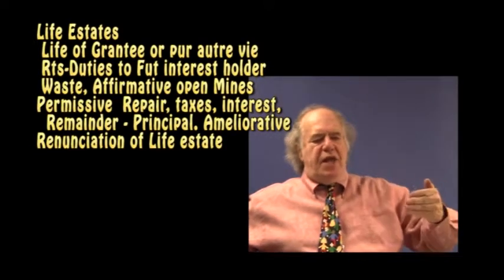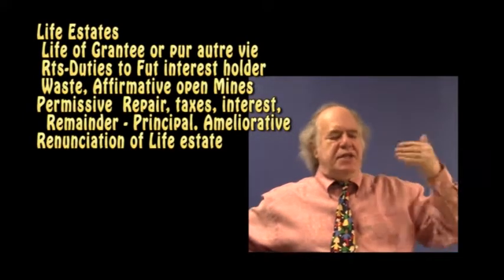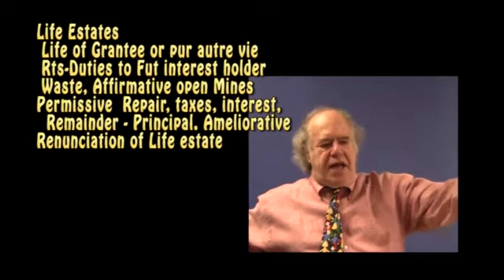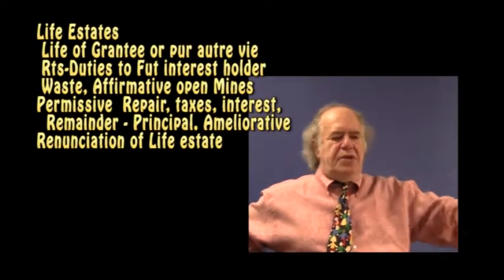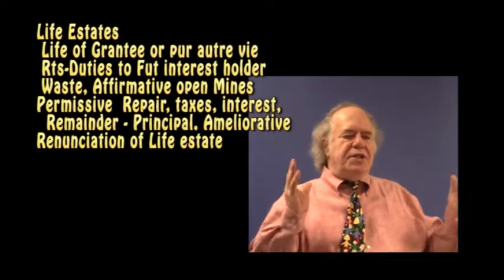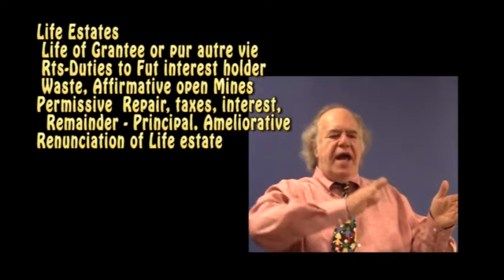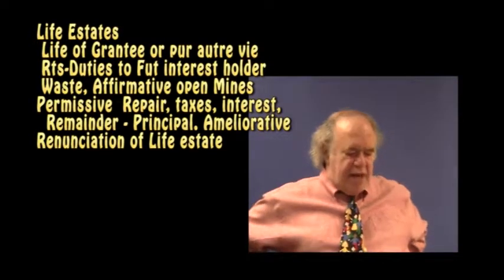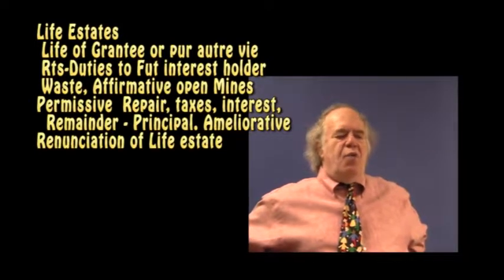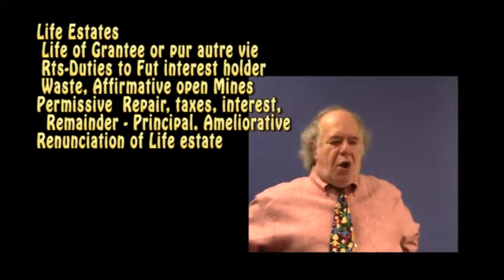I say to A for life, then to B and his heirs, it's a life estate in A, and a remainder in B and his heirs. All kinds of remainders we're not going to talk about right now. But what's the relationship between the life tenant and whoever owns the future interest in the land? That is our doctrine of waste. And that's always tested.